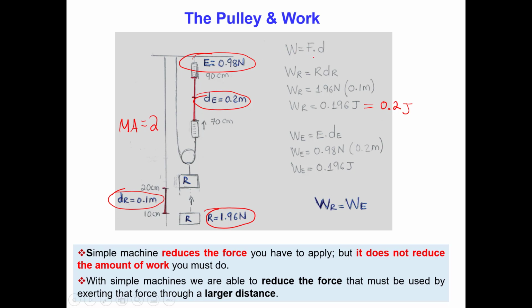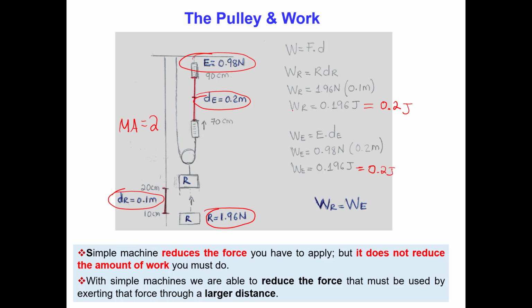Remember, work is force multiplied by the distance, but in this case, the force is the effort force, and the distance of the effort force. The effort force is 0.98 newtons, distance 0.2 meters. We want the same system of units. If we multiply this together, we will get 0.196 joules. And again, if we want to be careful with the significant digits, this will be 0.2 joules.